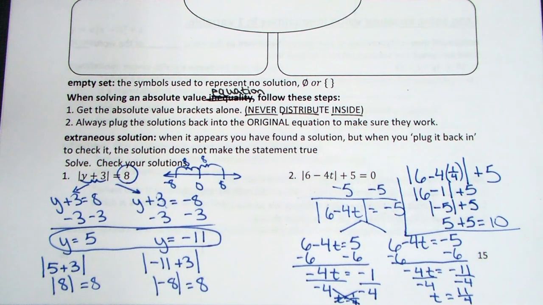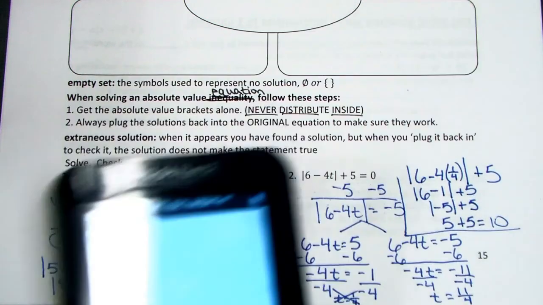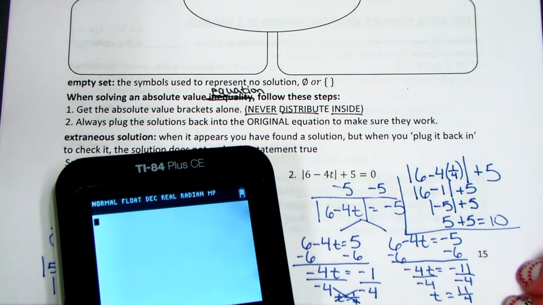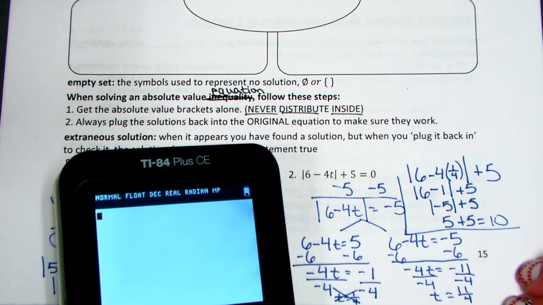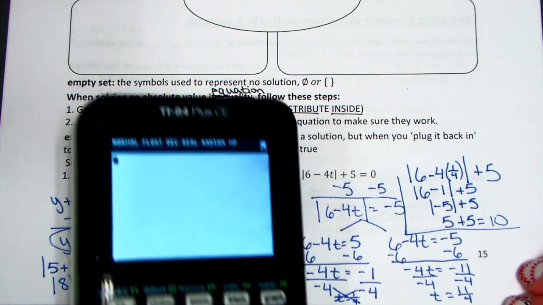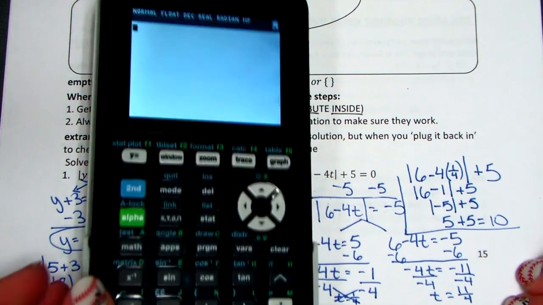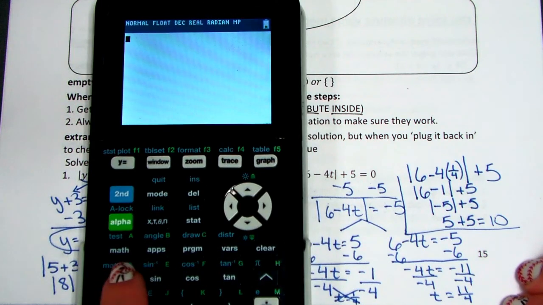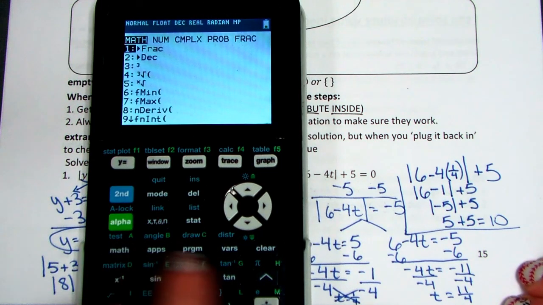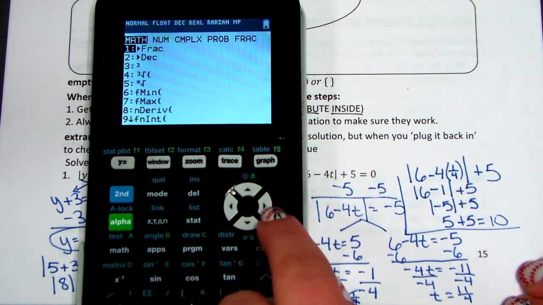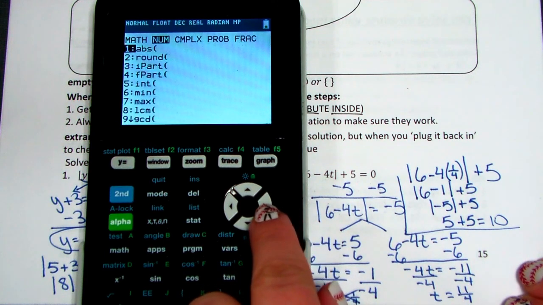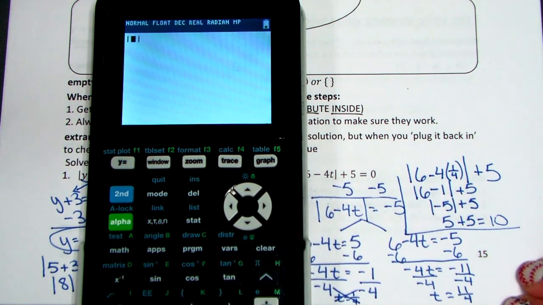Let's check 11/4, but let's use our calculator. So I need to put the absolute value of 6 minus 4 times 11/4 into my calculator. Well, to find absolute value, you're going to use that math button again, math. You're going to use the arrow key to go over to NUM. And then the very first one should be ABS.